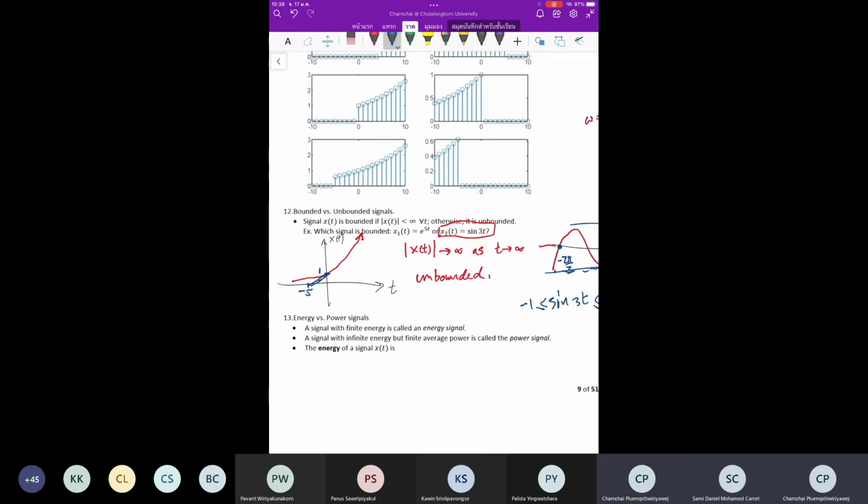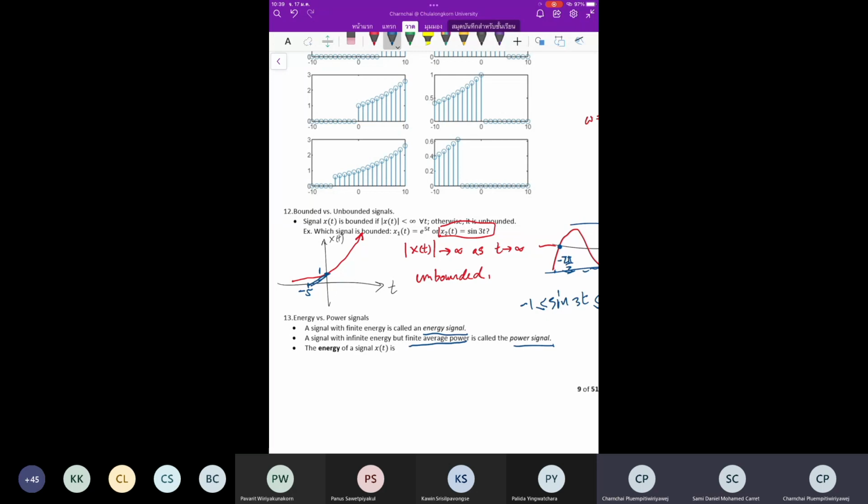How about energy and power? A signal with finite energy is called an energy signal, and a signal with infinite energy but finite average power is called a power signal. There could also be a signal with infinite power.